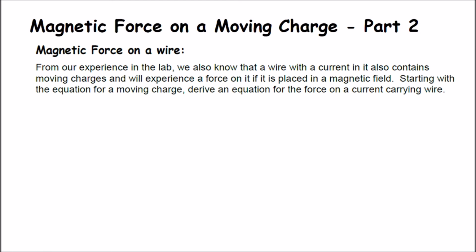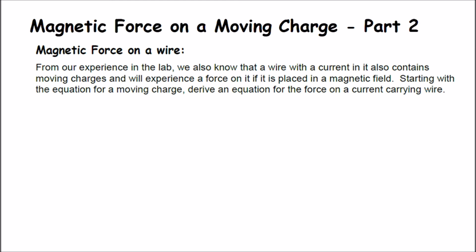Our second force on a moving charge is when we have force on a wire, which we've seen happens. We already know that because of Oersted's experiments and different things that we've looked at in the lab, we get forces on wires. I think I did that demonstration. Yes, I did, the guy that did the demonstration with the big magnet and everything at the beginning of the last video.